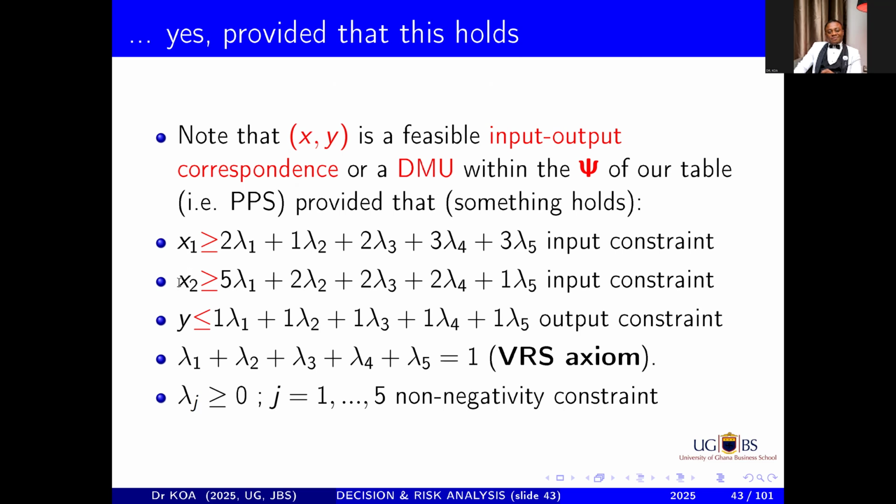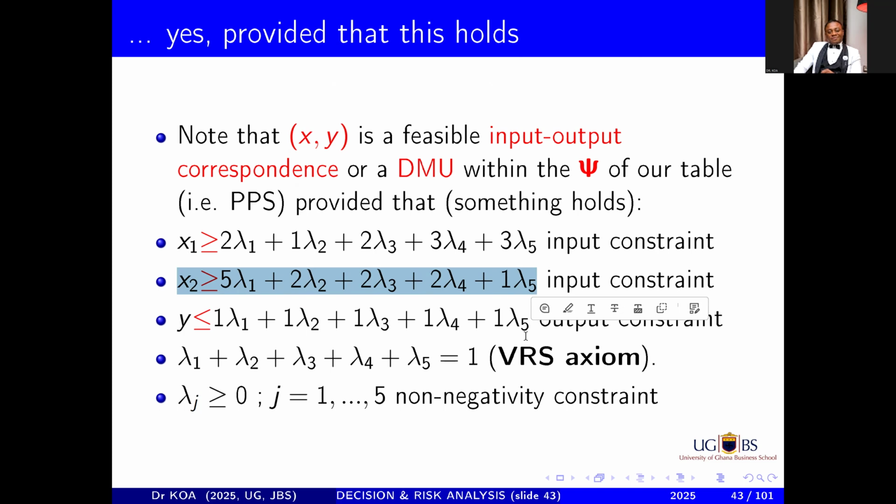So that greater than sign is allowing for inefficiencies to happen, and the equal to sign is allowing for efficiency to happen. These two are very important factors that you want to take note of.